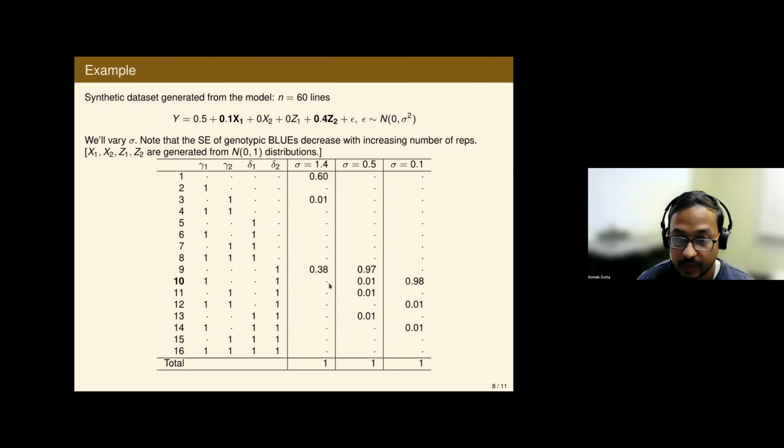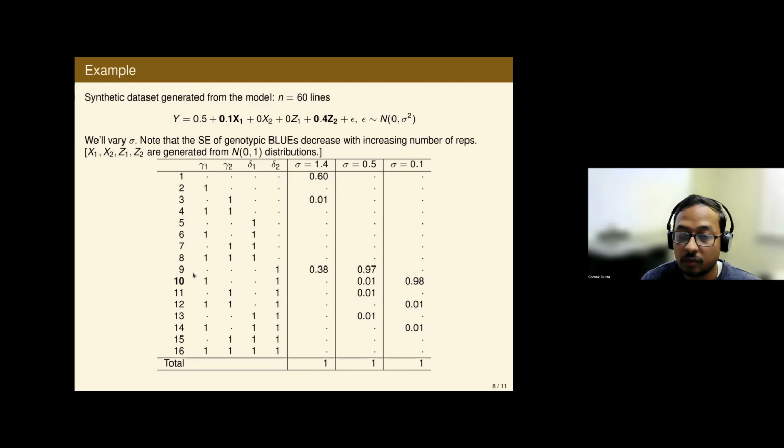Now, we see that it has a very small probability. In these few columns, the dot means very small numbers, less than 0.001. We see that most of the posterior probability is concentrated on the null model, where none of the SNPs and none of the genes are important. So given data generated from a very large error variance, we don't get many hits.